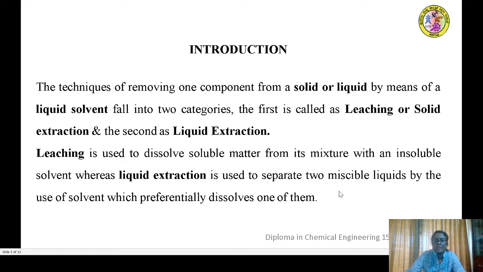So that is the introduction to a mass transfer operation in which a liquid solvent is used to effect a separation from the given original mixture.